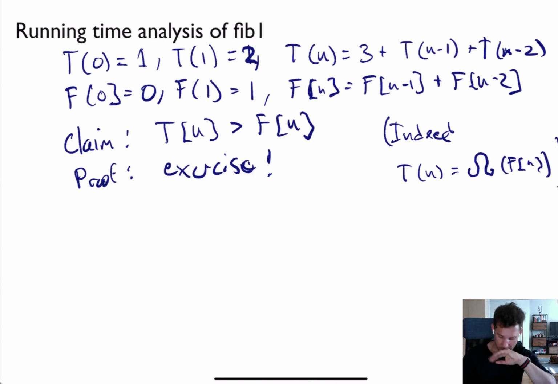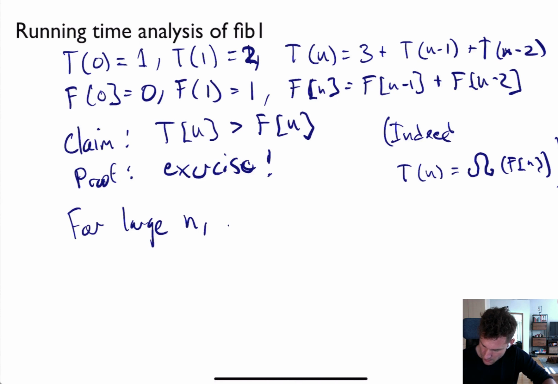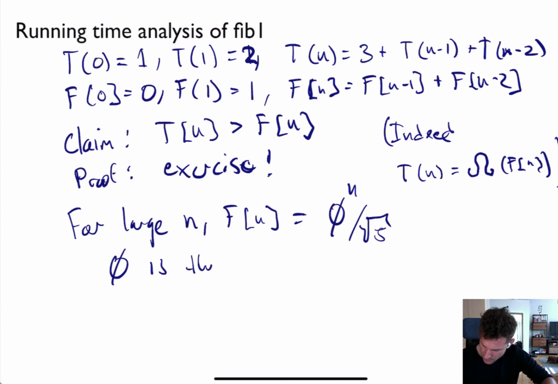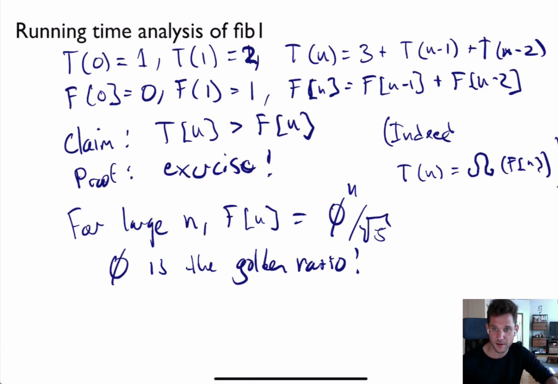So how fast does f of n grow? Well, you might not know this, but it turns out that asymptotically, for large n, f of n is roughly phi to the n all over the square root of 5. What's phi? Phi is the golden ratio. You can look up the golden ratio on your own time.